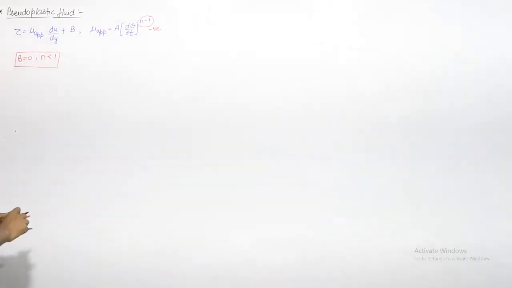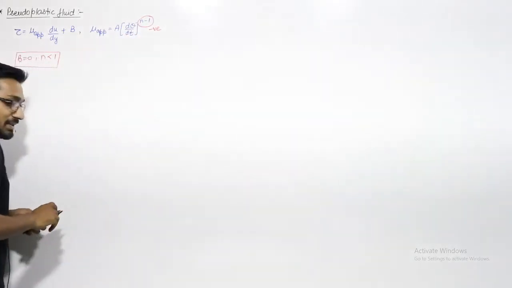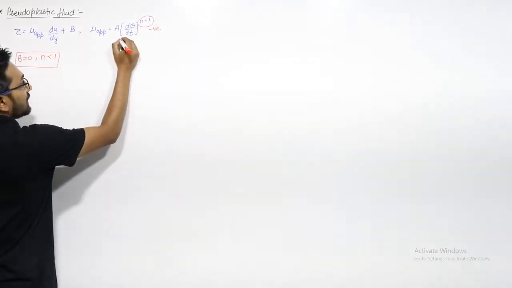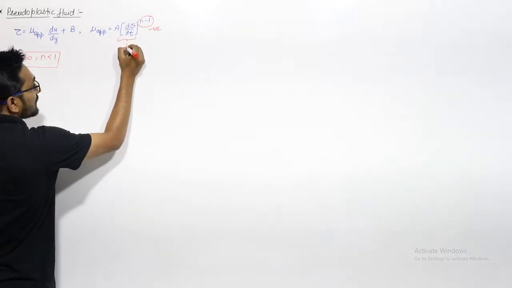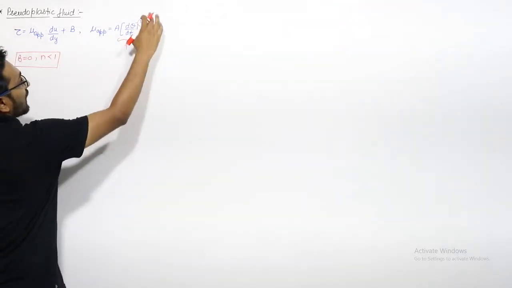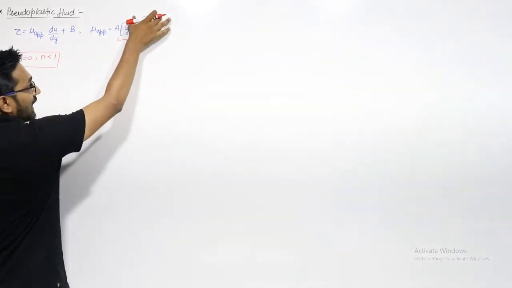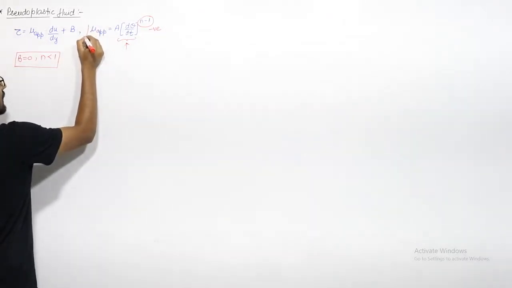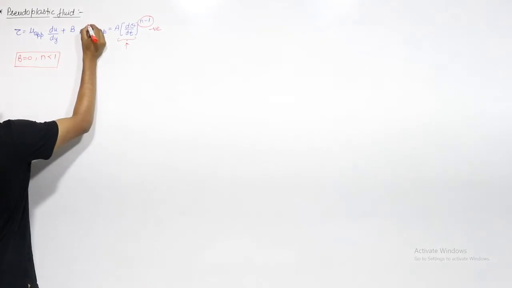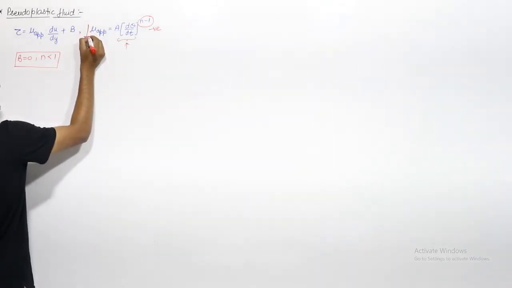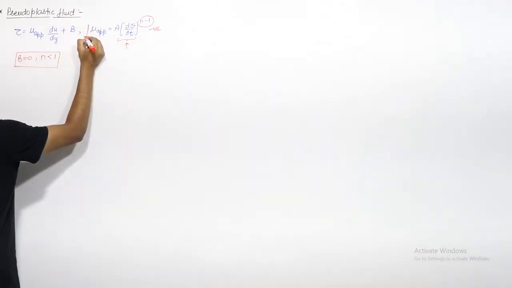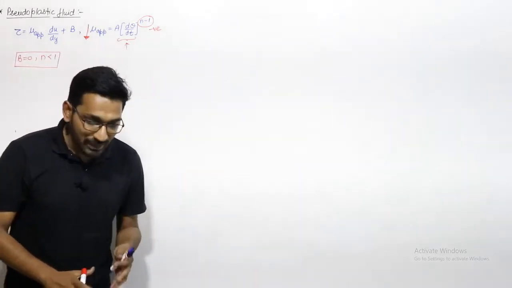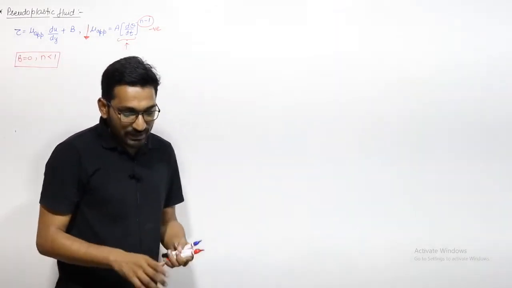As the flow continues and d theta by dt increases, since the term n minus 1 is negative, the apparent viscosity will decrease. This is the important concept: in the pseudoplastic, the apparent viscosity will decrease with the flow.